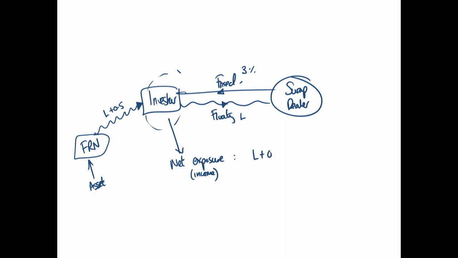They've got LIBOR plus 0.5 coming in under the bond. LIBOR is being paid away under the swap, and they've got a fixed leg of 3 coming in under the swap. So add those up. It's the floating legs that cancel out, as we originally desired, and we're left with a synthetic fixed asset. The asset plus the swap is a synthetic fixed coupon bond paying 3.5%.